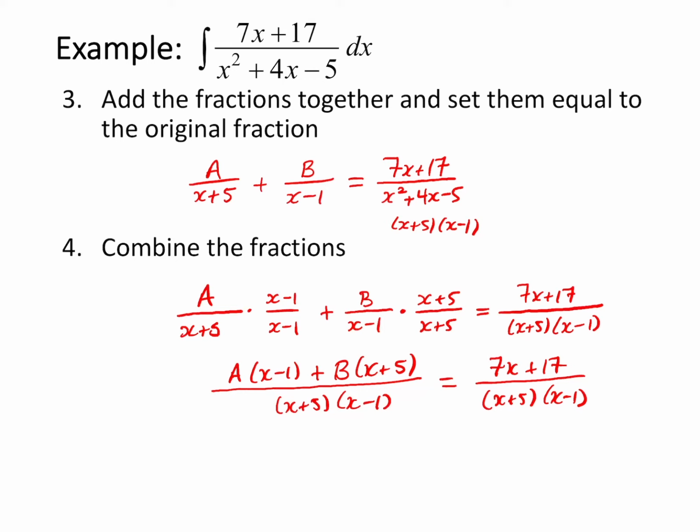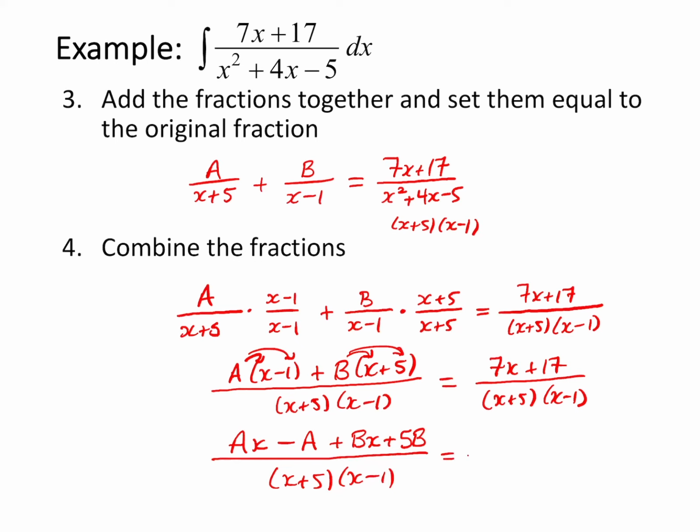And what we can now do is multiply the a into this bracket and the b into this bracket. So we'll have ax minus a plus bx plus 5b, all over x plus 5 times x minus 1, equals 7x plus 17 over x plus 5 times x minus 1.